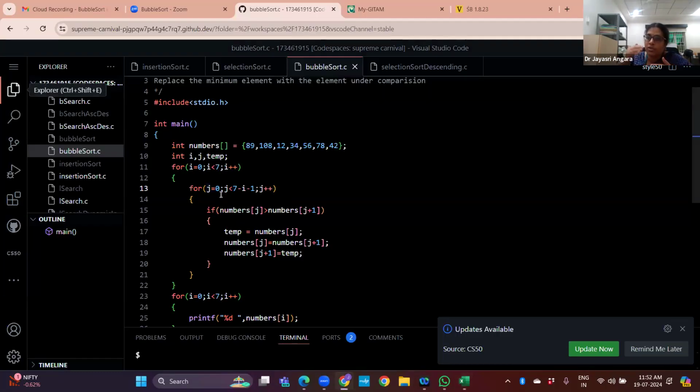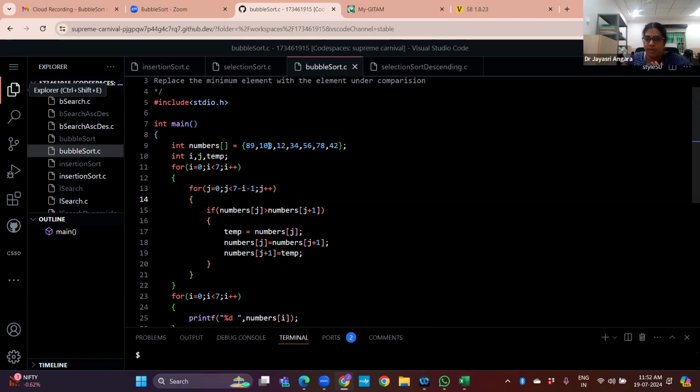You have to start from j equal to 0 and go up to n minus i minus 1. Here we mentioned 7 because we do have 7 numbers. If we are taking n numbers, we have to say j less than n minus i minus 1. That is the meaning of the two for loops.